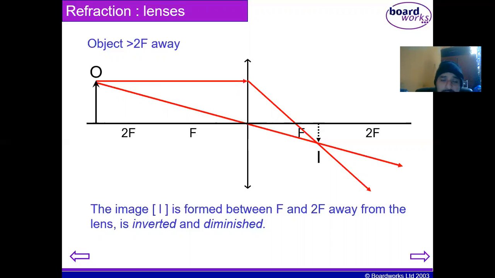If you ever have an exam question and they start with an object over here, you now know you need to draw roughly 2 lines to show what's going on the other side. Okay.